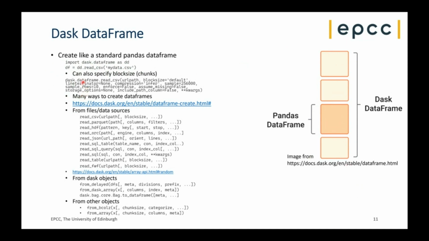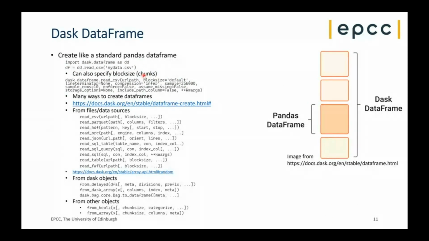It is, of course, possible to read in the data frame in different block sizes. There's a thing here called block size, and this is in megabytes, I think, or bytes. You can specify what block size to read in a data frame, and that does similar functionality to creating the data frame in chunks that are distributed off workers.